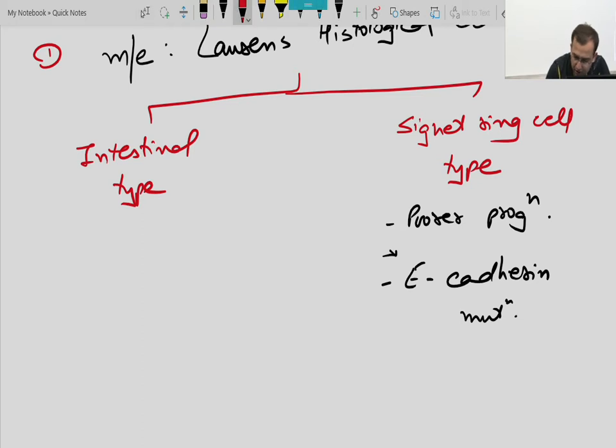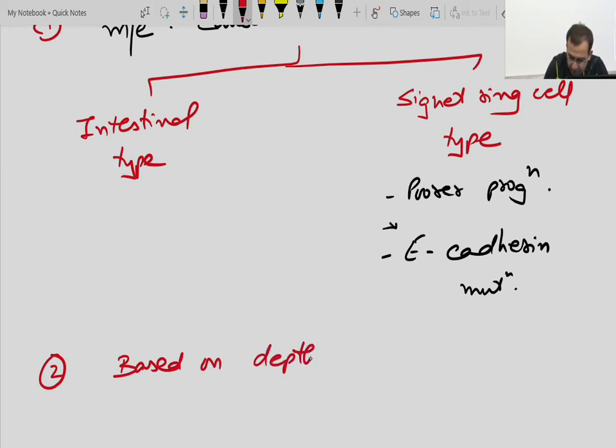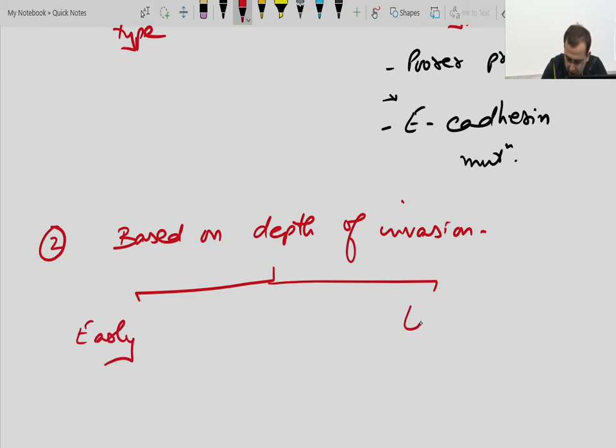Next, the next way to classify gastric cancers, the first was microscopic. The next way is based on the depth of invasion. Again, we can divide gastric adenocarcinomas into early and late gastric cancer.